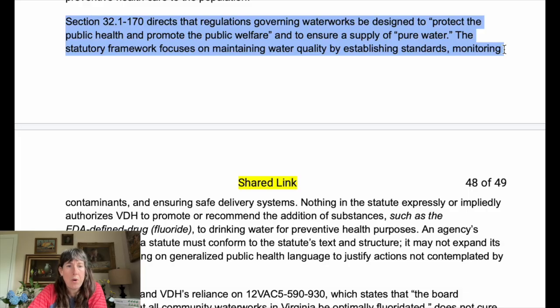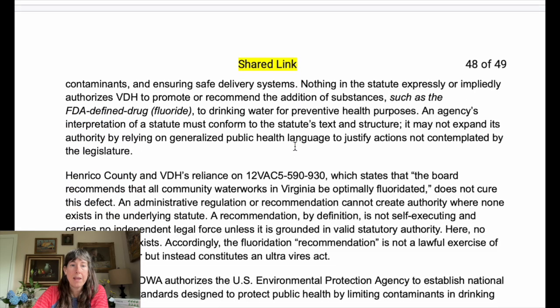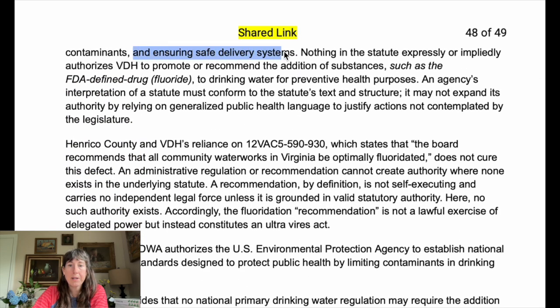Section 32.1-170 directs that regulations governing waterworks be designed to protect the public health and promote the public welfare, and to ensure a supply of pure water. The statutory framework focuses on maintaining water quality by establishing standards, monitoring contaminants, and ensuring safe delivery systems.